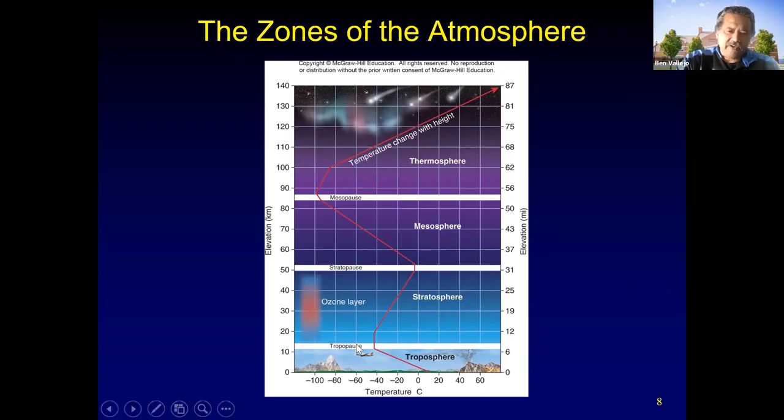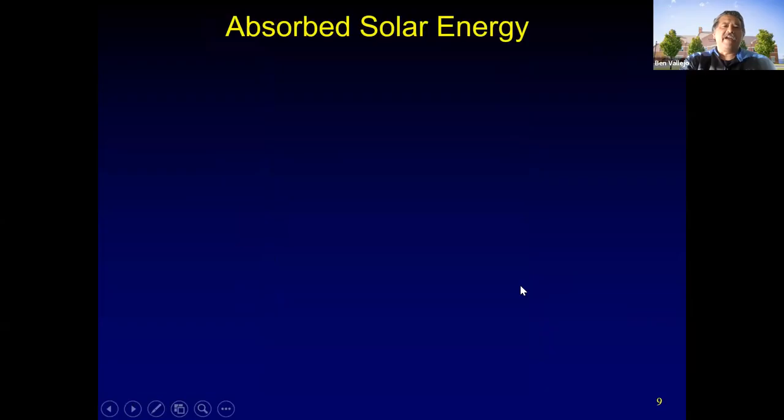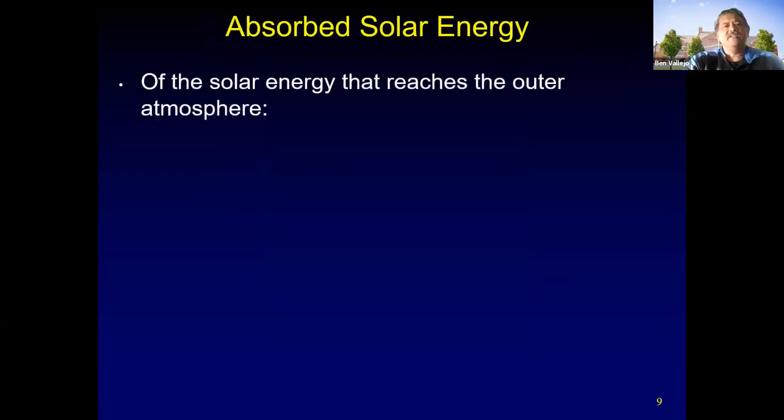Where you have the term pause, that's where you have a straight up and down line. That means the temperature really isn't changing right there. So those are the layers or the boundaries between these different atmospheric layers.